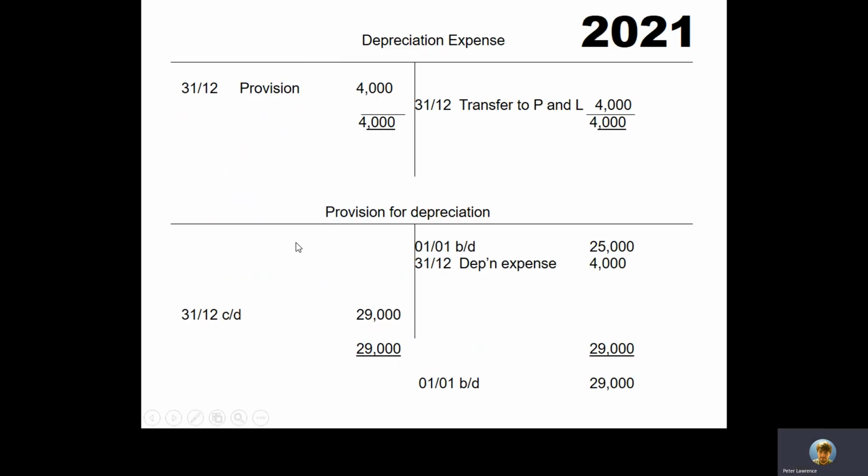So again, double entry. Debit the expense, credit the provision. £4,000 as an expense. £29,000 becomes our closing provision.